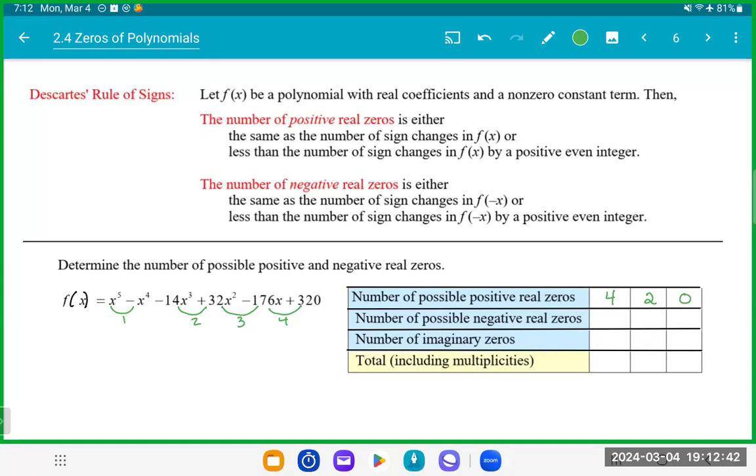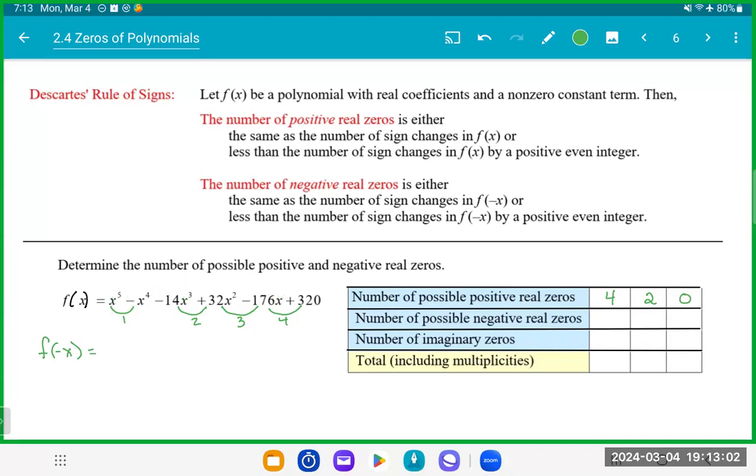Now, if I want to calculate my negatives, remember we're subbing in negative x. Essentially, when we sub in negative x, everywhere we had an odd exponent, we're really just changing the sign in front of that.